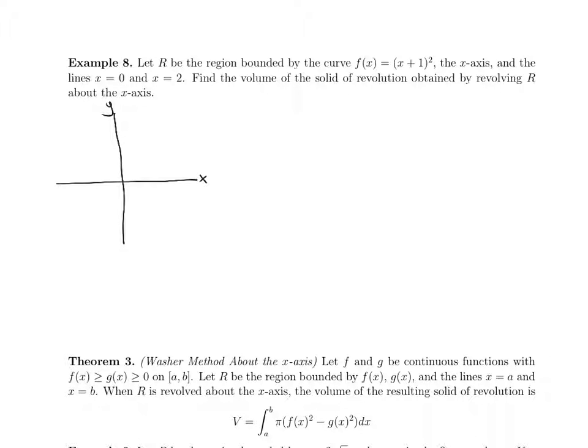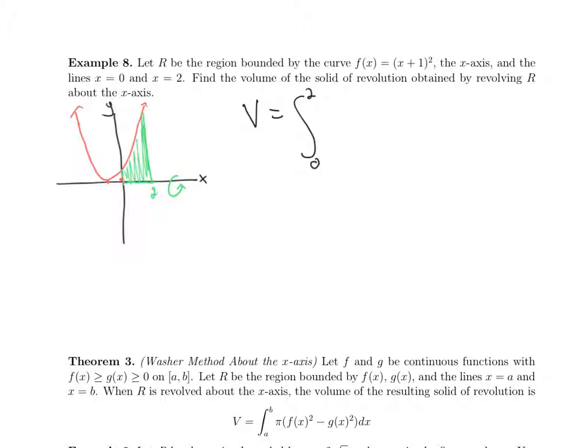So let's go ahead and graph that first. x plus 1 squared is a parabola shifted over to -1. And we care about this from x equals 0 to x equals 2. So it looks like this is the region in question that I am then going to revolve around the x-axis. All right, so then using the disk method, our volume is going to be the integral from 0 to 2.